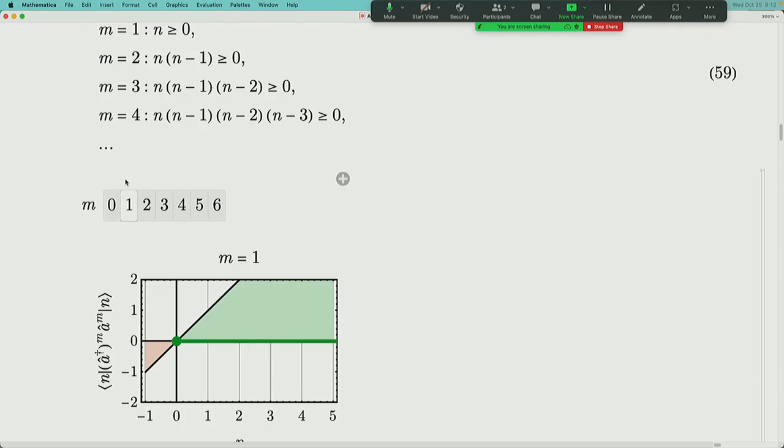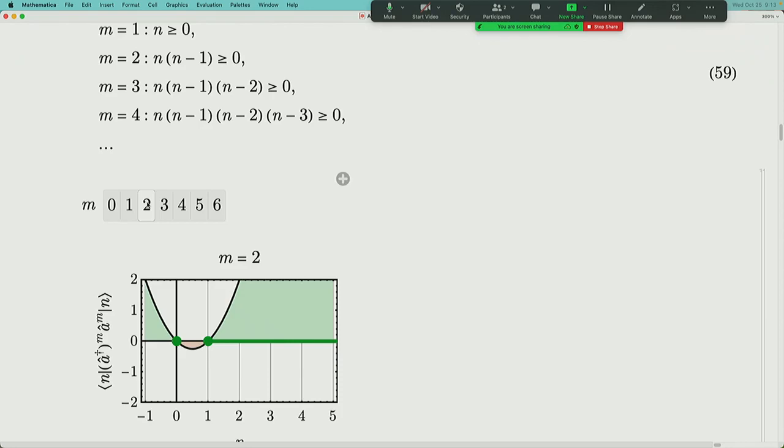So let's now add another condition to that. Based on this feasible region, we add a new condition, n times n minus 1 greater than or equal to 0. Let's take a look at what this function looks like. This black curve plots the function n times n minus 1, which is a quadratic function and has two roots.